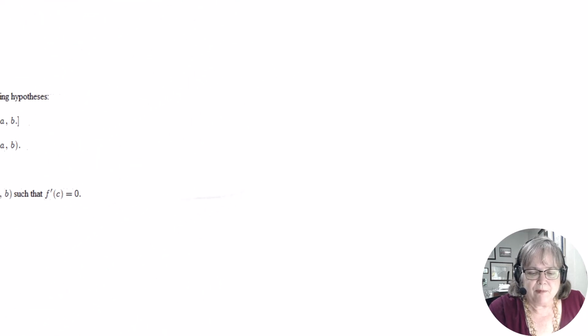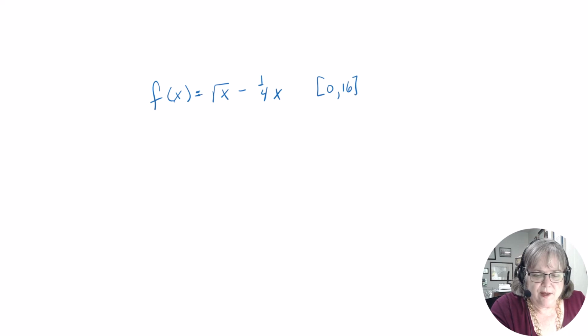All right. Now, let's do a problem, and let's consider f of x equals the square root of x minus 1/4 x. And we're going to consider just this interval, where this would be a, and this would be our value for b. So those are the x values for a and b.